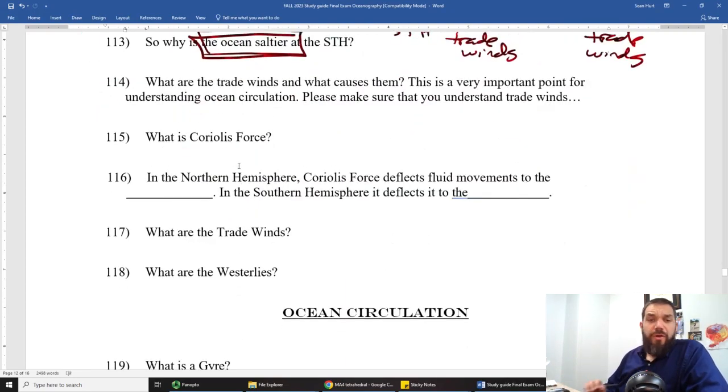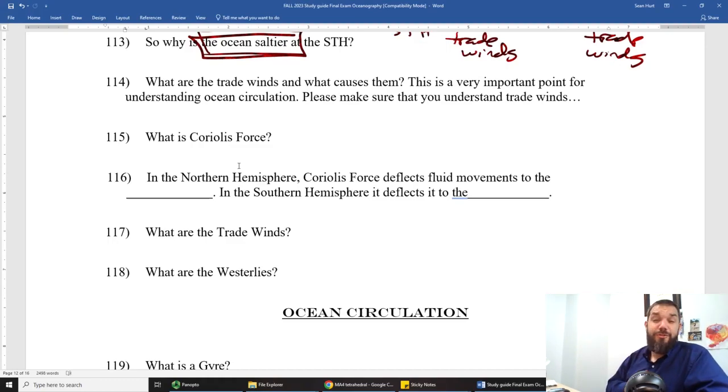All right, what's the Coriolis force? So you know that air, whenever it tries, or any fluid, air or water, tries to go in a straight line on the globe, it always gets deflected to the right in the northern hemisphere, to the left in the southern hemisphere. So that's the Coriolis force. It's a fictive force, or it's not in a way a real force, but it just arises.